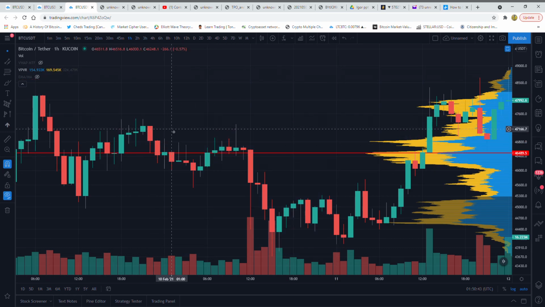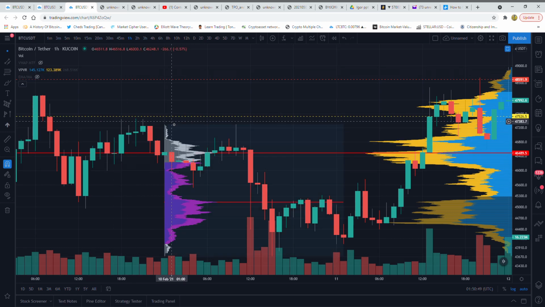If I hide it, you can see here you have no activity, just a little bit here. That's why the indicator shows to you this is the value area low where traders were interested. Yeah, this is the value area high where traders were interested in buying or selling.